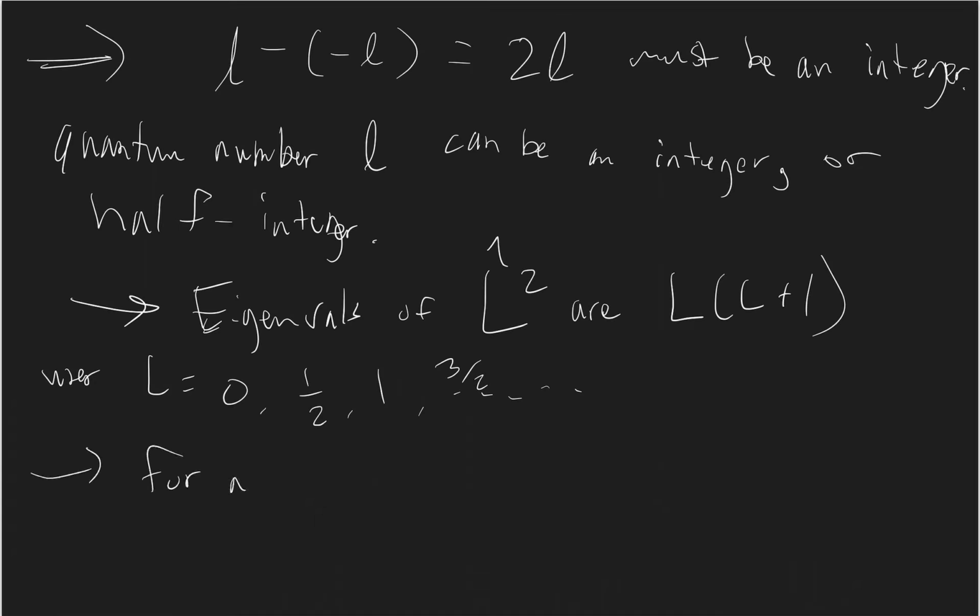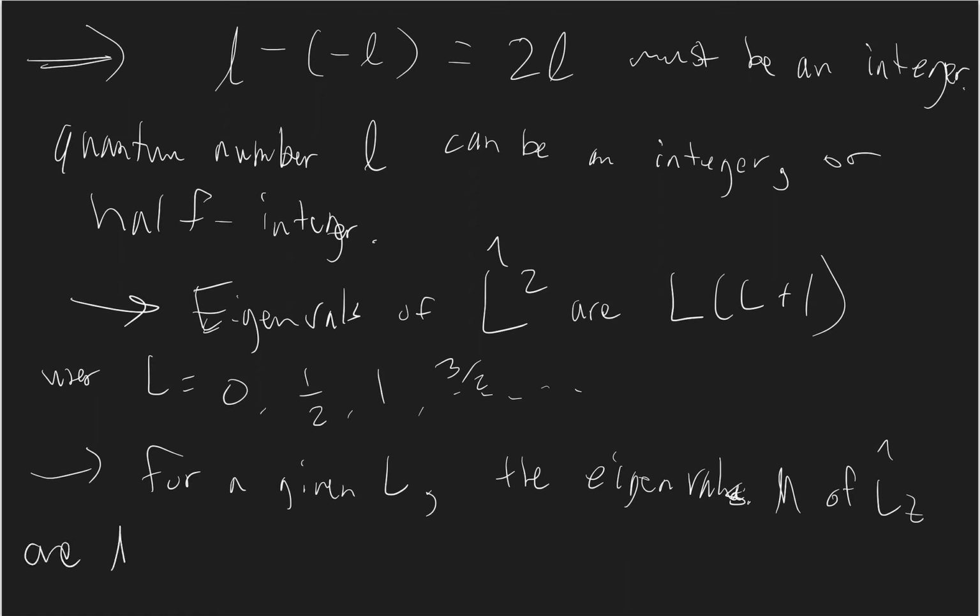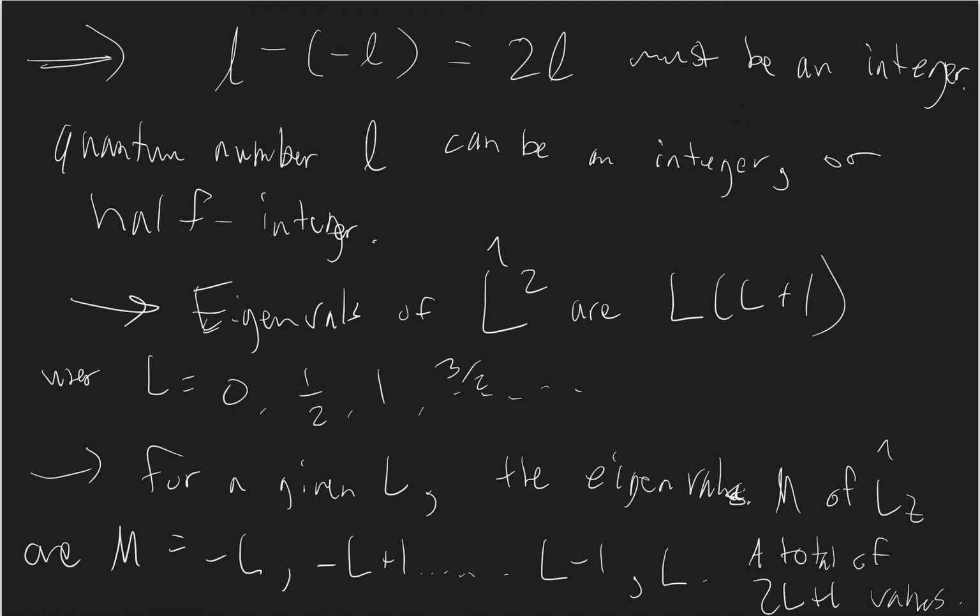And for a given L, the eigenvalues of M, the eigenvalues associated with the direction we measured the angular momentum in, are M equal to negative L, negative L plus 1, and so on, up to L minus 1, L. And so we'd say it has a total of 2L plus 1 values.